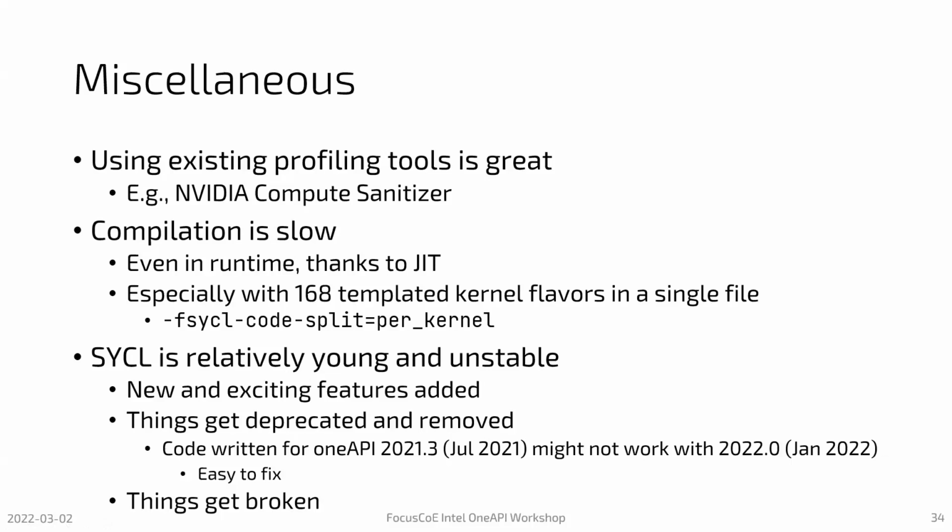So again, it's probably not something many people will have trouble with, but if you have them, here's the solution. And of course, SYCL being a relatively young standard compared to OpenCL and CUDA, and the implementations being even younger, that's both a good and a bad thing.